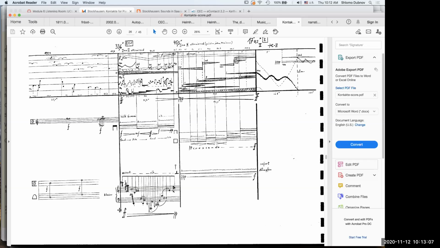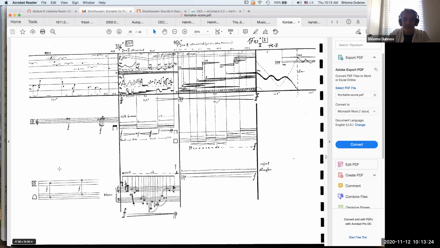And for the square and two circles, is it the same instrument playing in a different place? Oh, because these are two performers. Let me go back to the score.